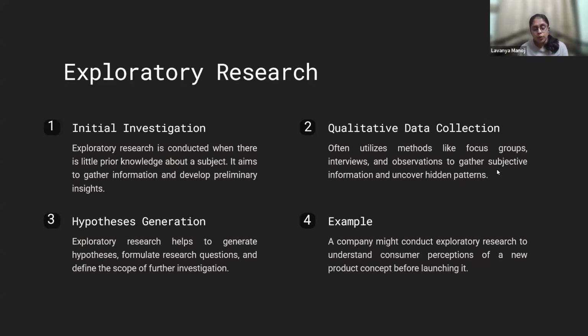So how are you going to come up with a hypothesis? Exploratory research helps to generate hypotheses, formulate research questions, and define the scope for further investigation. If there is a hypothesis, then obviously it is open for further investigation. But if you are going with accurate results, there is no need for further investigation.